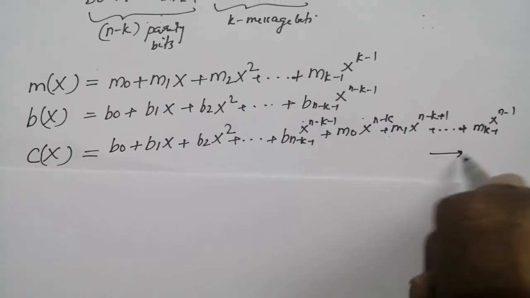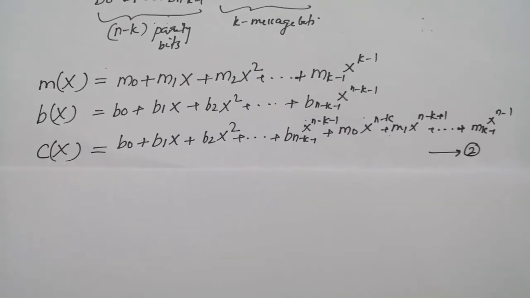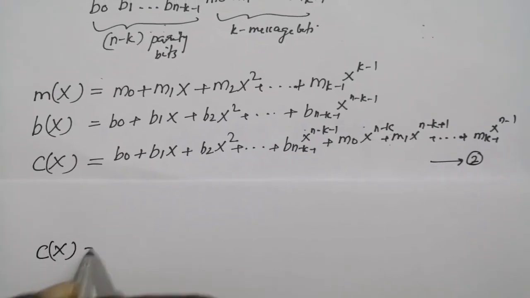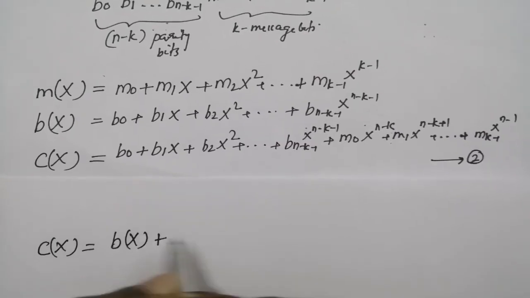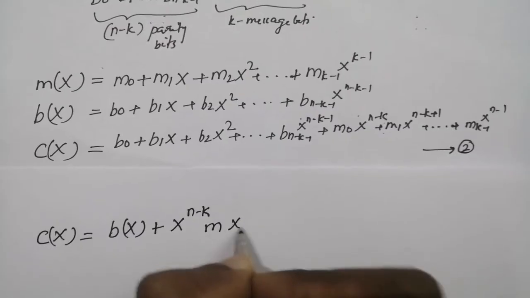So this is equation number 2. Now equation 2 can be rewritten as c of x equal to b of x plus x raised to n minus k m of x.